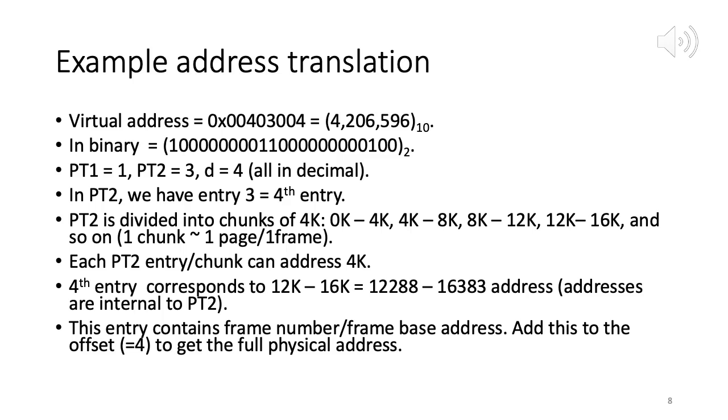It is divided into chunks, and each chunk can address 4K, because that is the page size, frame size. Which byte we want to access within that page or frame, we get from the value of the offset. I hope it's clear.